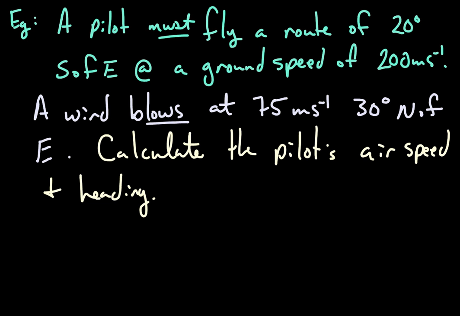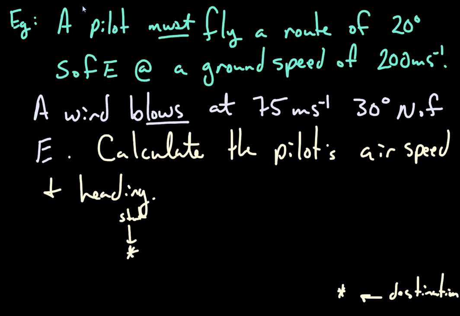All right. So presumably, he's got to fly 20 degrees south of east. Maybe his starting city is here, and his ending city is, say, somewhere down here, so this is his destination.